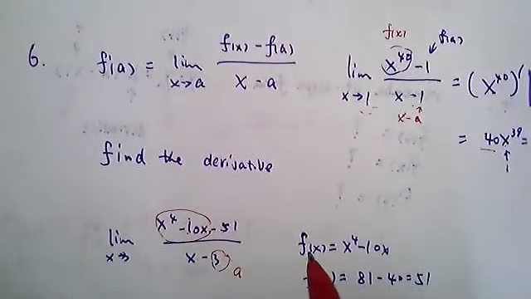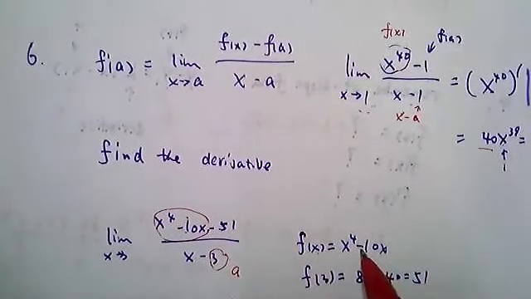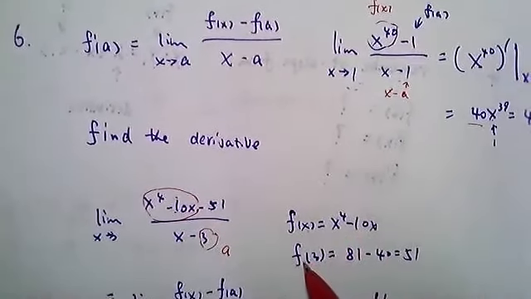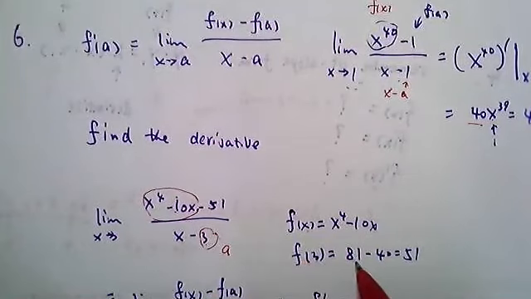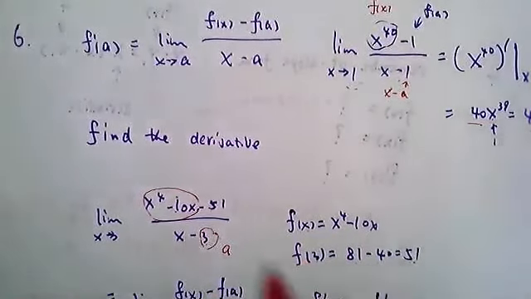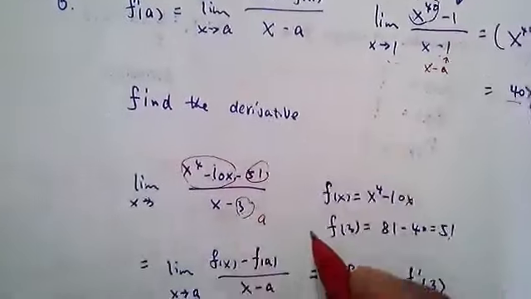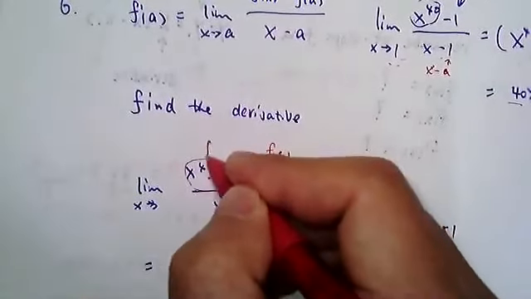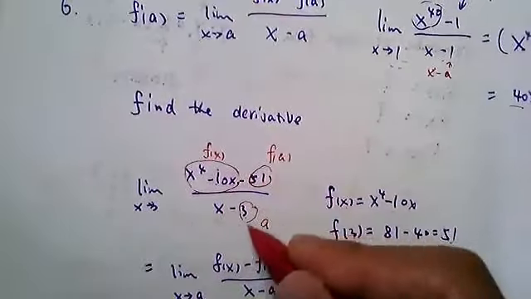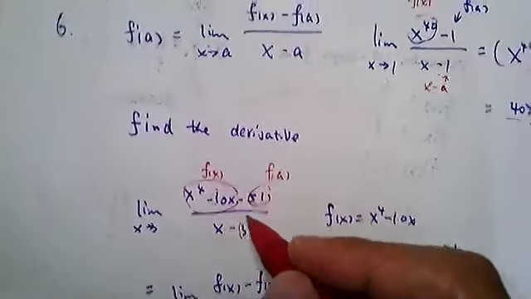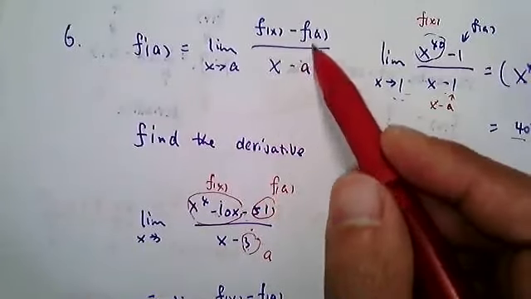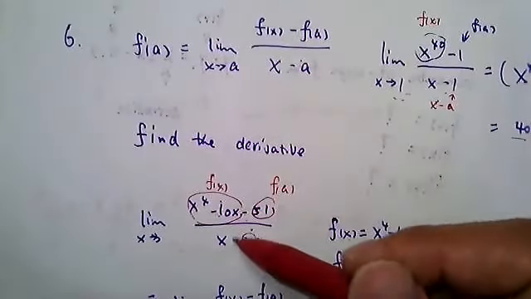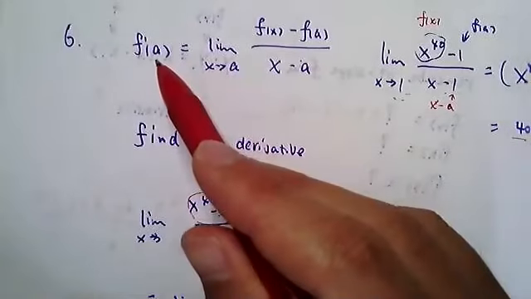Our function f of x is x to the 4th minus 10x. At this point, 3, f of 3 is 81 minus 40, which is 51, exactly here. So this is our f of a, this is our f of x, this is our x minus a. So this falls into this category exactly. We can use the same way to solve this problem. This limit, in other words, is just equal to that derivative.